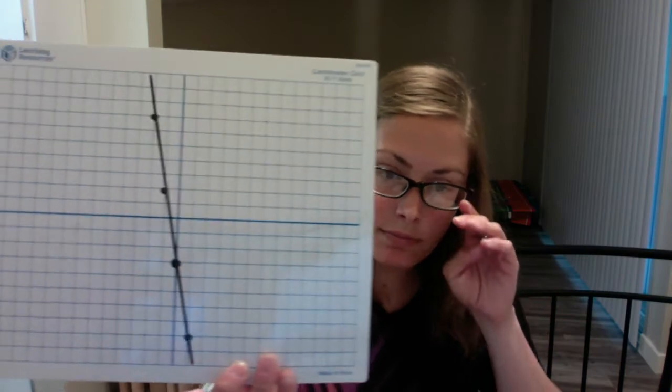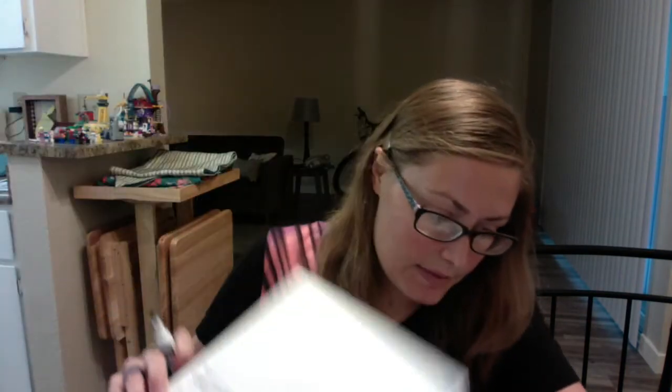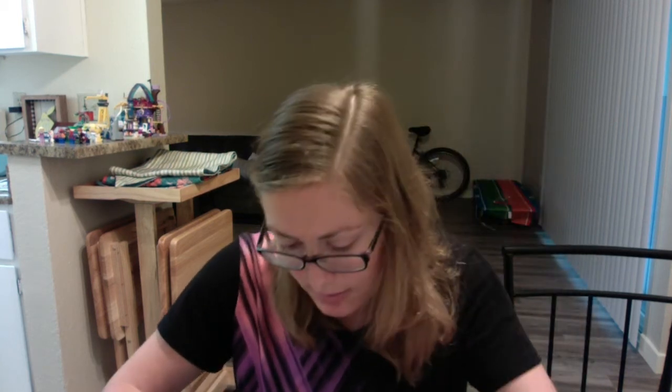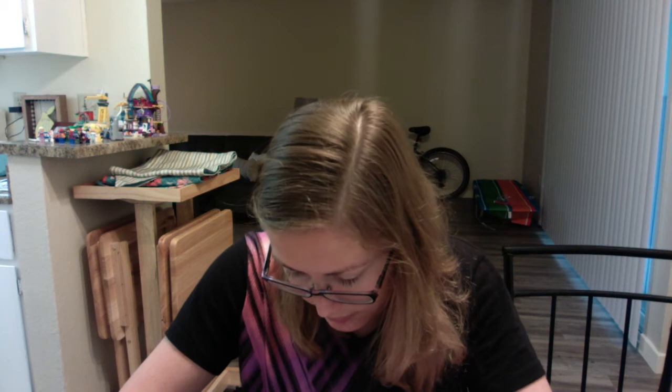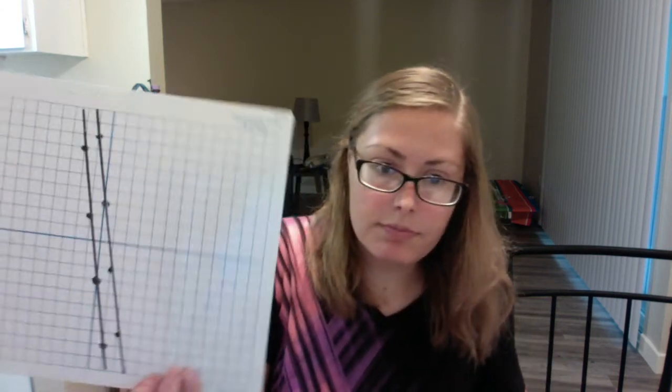That's the first line. The second line, we start at positive 3. Go down 5, to the right 1. Connect those dots. They have the same slope, so there's no solution.